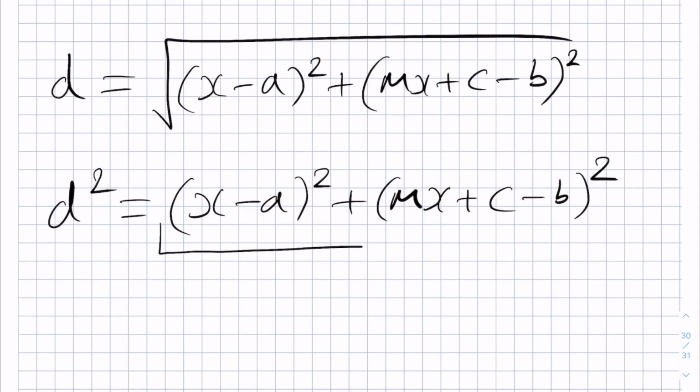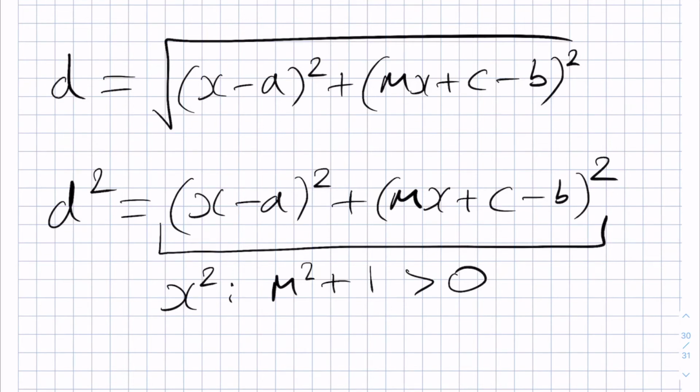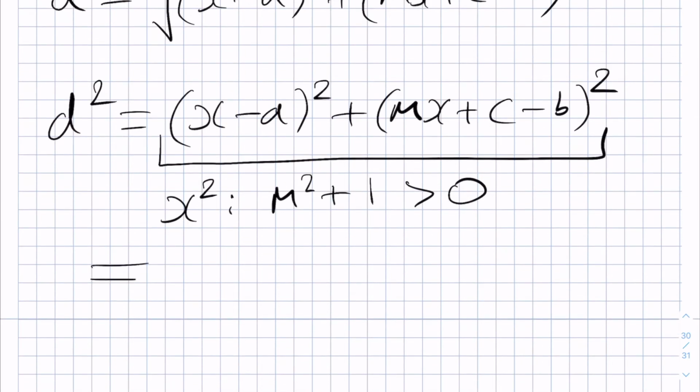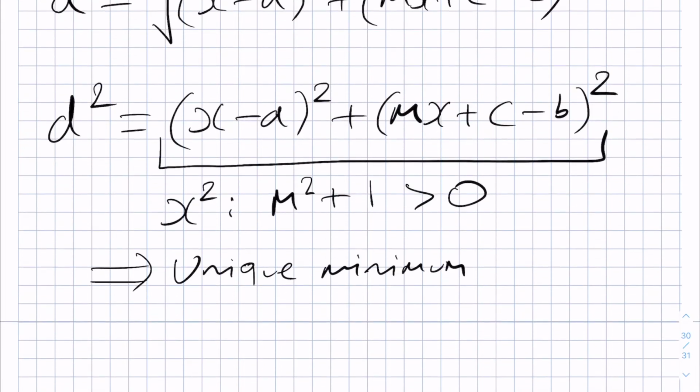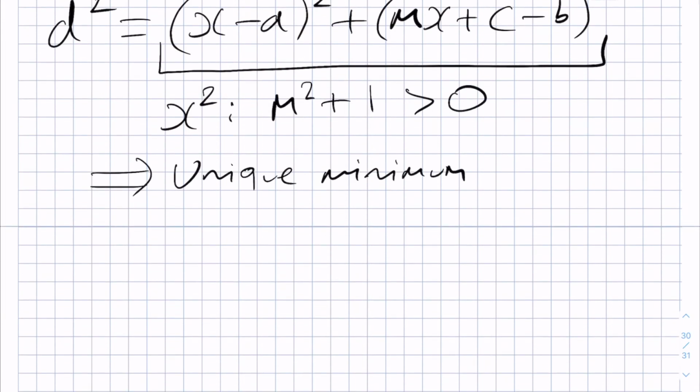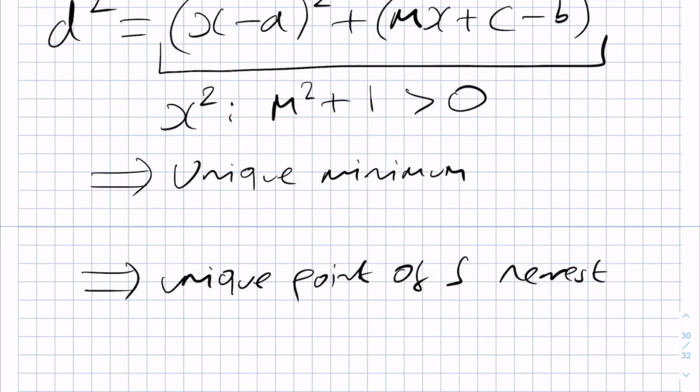However, this is a quadratic which has its x squared term as being m squared plus 1, which is certainly a positive number. And therefore, because it is a quadratic which has a positive x squared term, there is a unique minimum of this quadratic. As a result, there is a unique point of S nearest to AB.